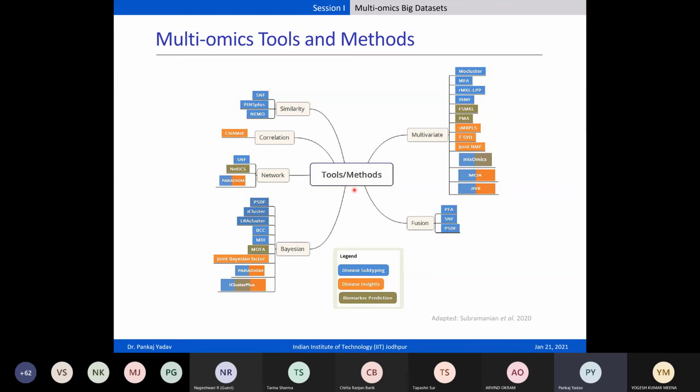So basically this picture is showing you the tools and methods categorized by different approaches. For example, there are methods based on networks, methods based on correlation, methods that work on similarity indices, and multivariate methods.